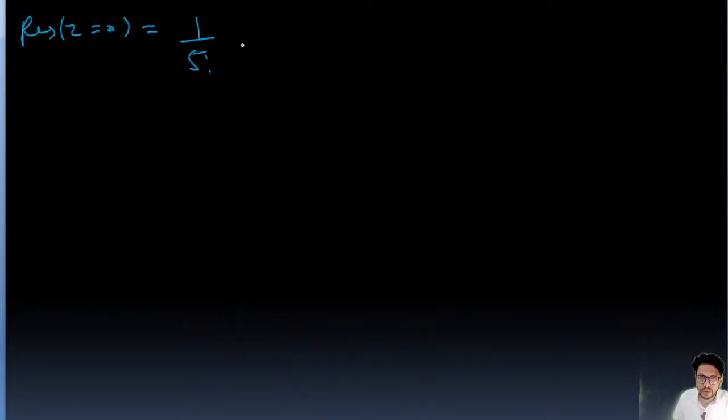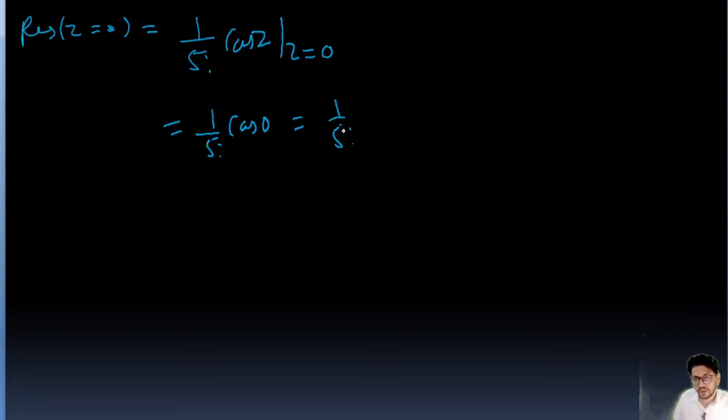So this value is cos z at z equal to 0, and cos 0 value is 1. So it is 1 upon 5 factorial into cos 0, and 1 upon 5 factorial is 1 upon 120. This is the residue, guys.